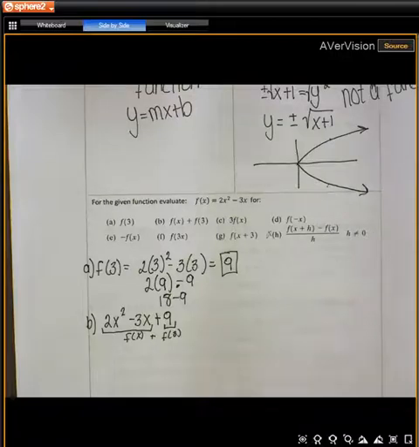What do you think you have to do for C? Any guesses?